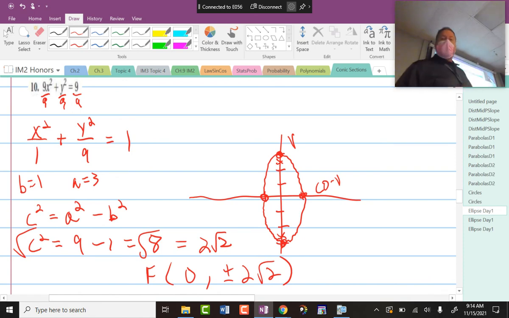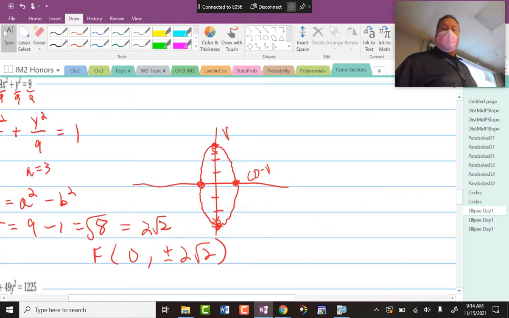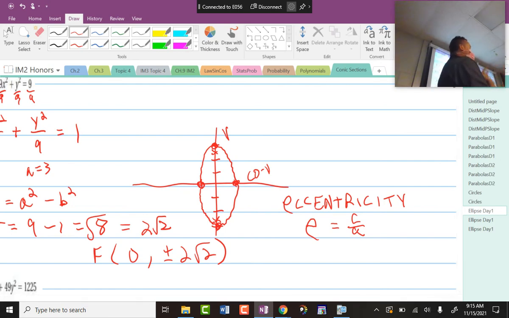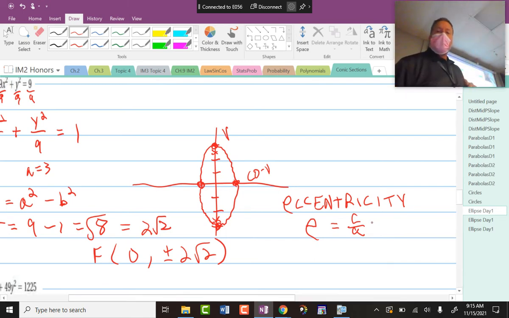All right, but I'm going to do this eccentricity now. Here's what eccentricity is. Write this down. It's very simple. Eccentricity is denoted by the letter e, and it's just c divided by a, whatever those numbers end up becoming from our formulas. Not c squared over a squared, c over a. Now watch what happens, and this is how I told you when e is closer to 1, we get an ovular situation.